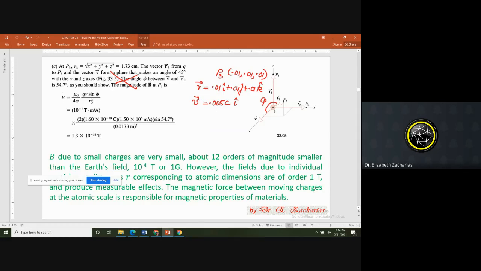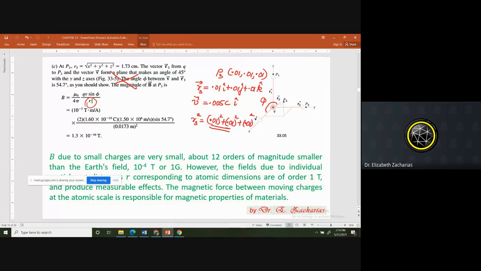And then in the denominator, you're going to have an R square. What will be that R square? This is R3. So what will be R3 square? R3 square is going to be simply 0.01 whole square plus 0.01 whole square plus 0.01 whole square. The magnitude of the vector squared.